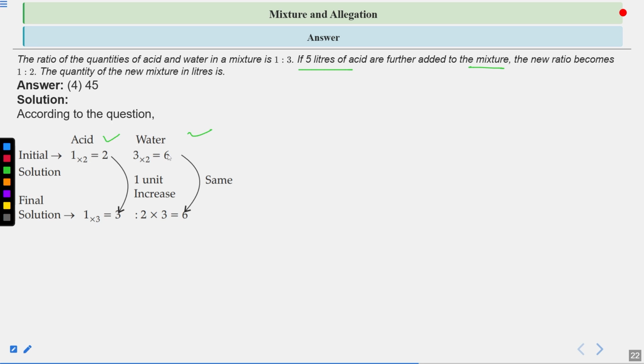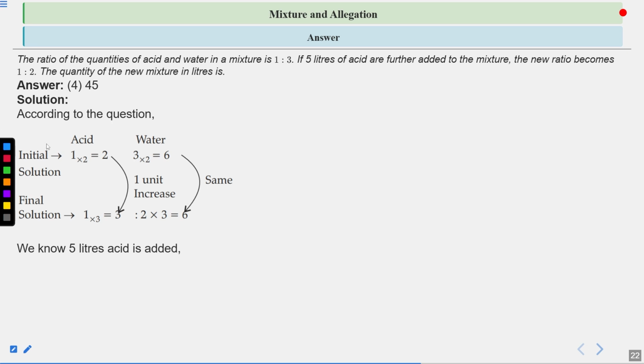Multiplying the initial 1 unit by 2 and water 3 units by 2, we get 6 units. In the same way, for the final solution, 1 multiplied by 3 gives 3 units and 2 multiplied by 3 gives 6 units.